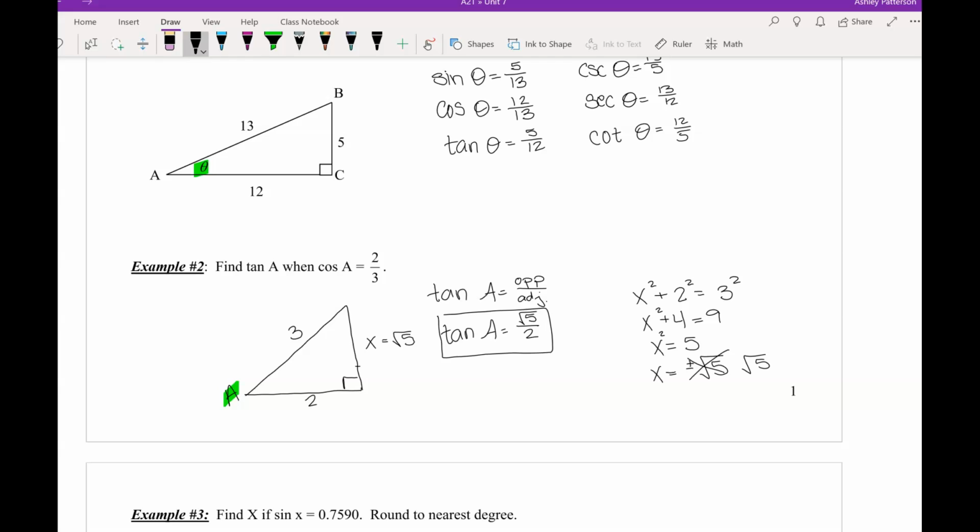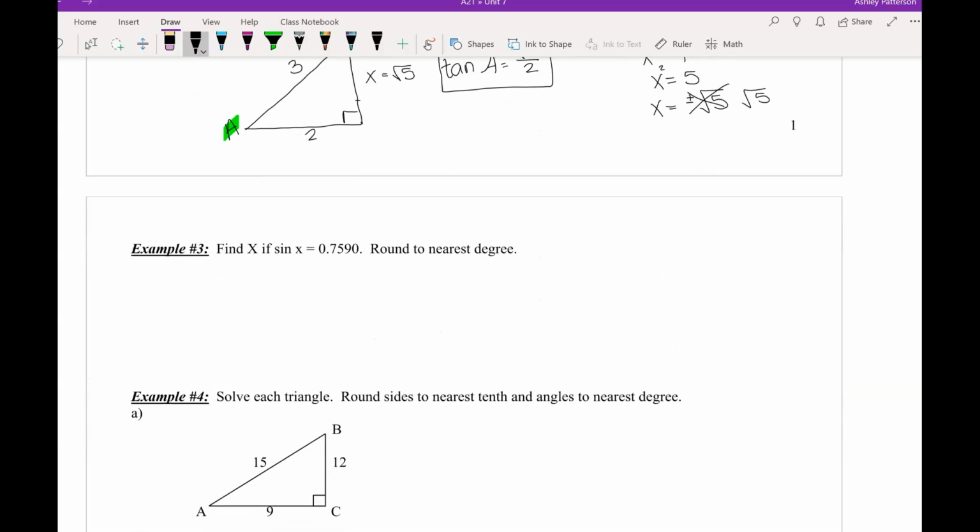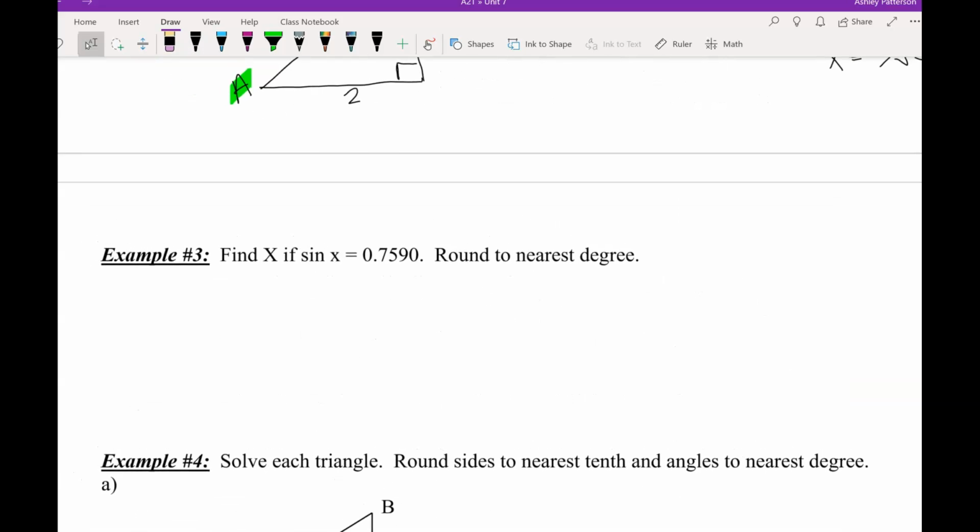We've found what they had asked for. Sometimes, yes, you're going to have to draw the triangle. You're going to have to decipher the information they gave you and then see if you can answer the question from there. For example 3, find x if the sine of x is 0.7590, round to the nearest degree.